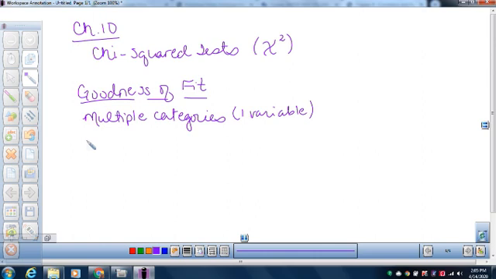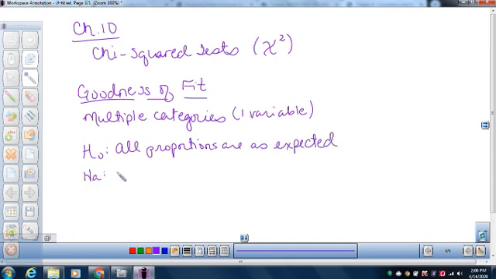The idea behind a goodness of fit test is that the null hypothesis is that all proportions are as expected, and the alternative is that not all proportions are as expected.